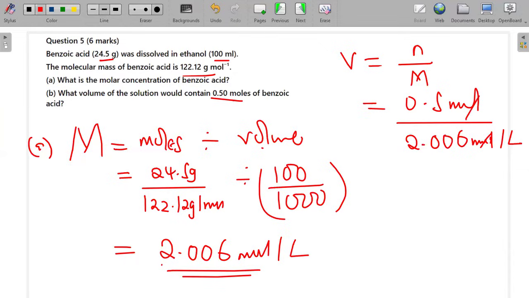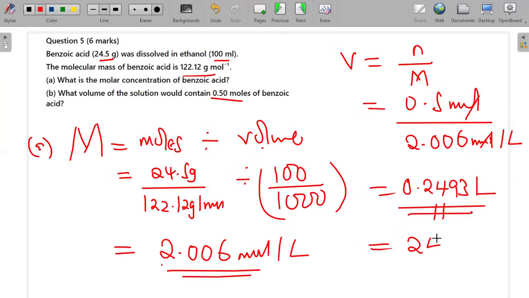The moles and the moles cancel out, and I only remain with the liter. So 0.5 divided by 2.006, I get 0.2493 liters. That's the volume. If you want, you can convert it to milliliters by multiplying this by 1,000. You're going to get 249.3 milliliters. So that's the answer there. Any questions?